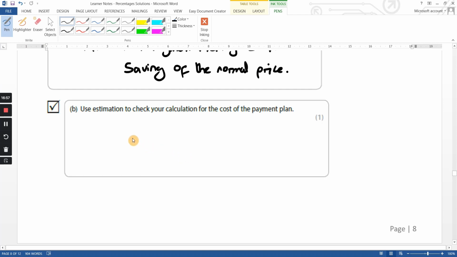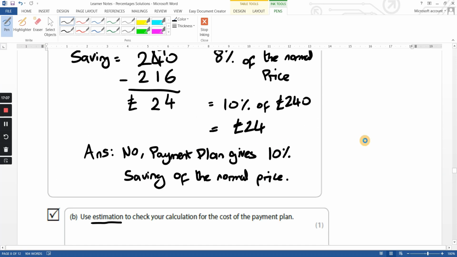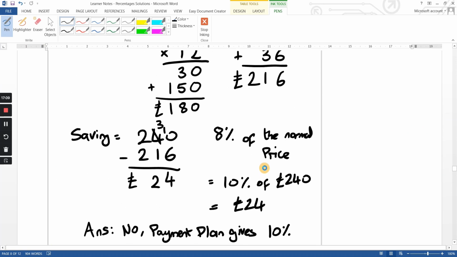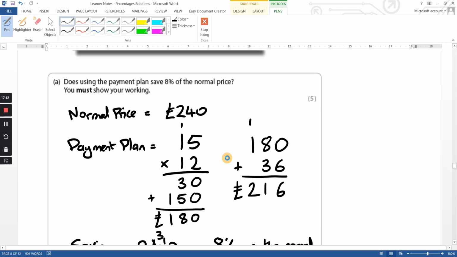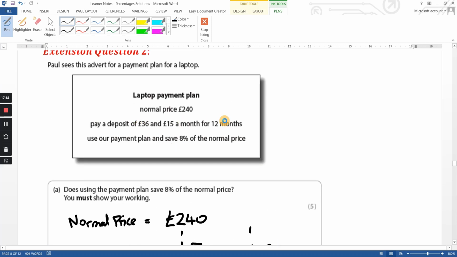Part B says, use estimation to check your calculation for the cost of the payment plan. So the keyword here is estimation. That completely changes the question. We can't use these numbers as they are. So we're just looking at the payment plan and estimating that.